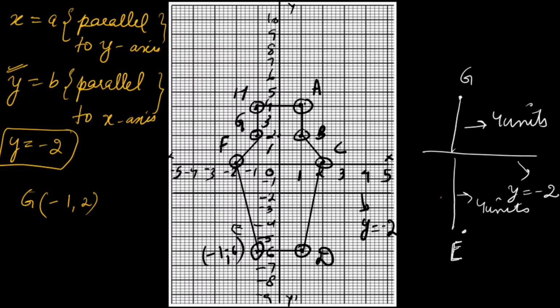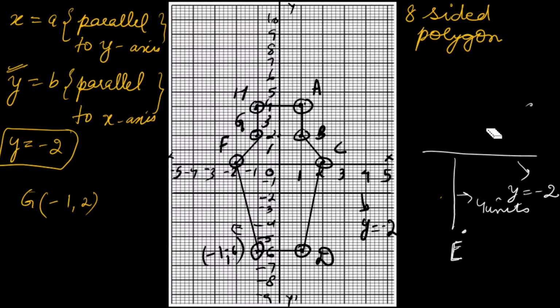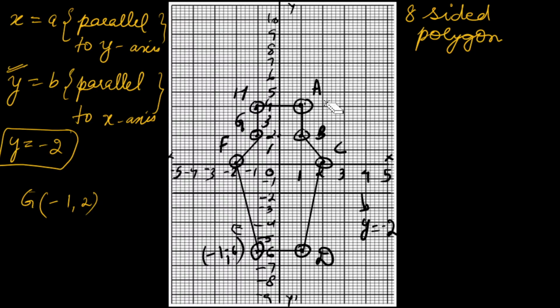You can write the name because it's mentioned. Name the figure: 8-sided polygon. If you know the name of the 8-sided polygon, you can mention that also. What is the name of the 8-sided polygon? Is there anyone who knows?